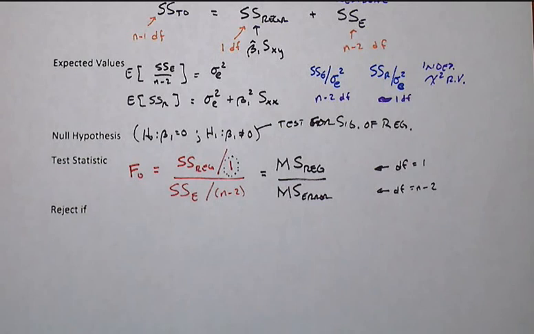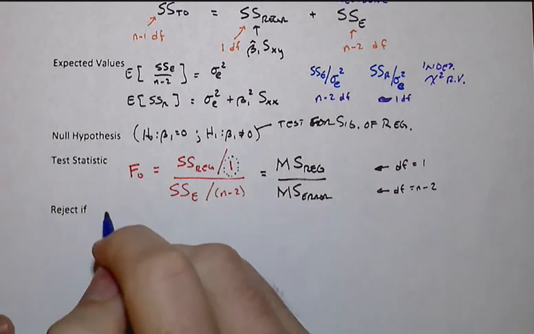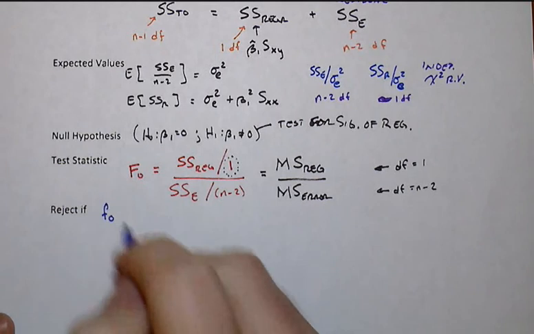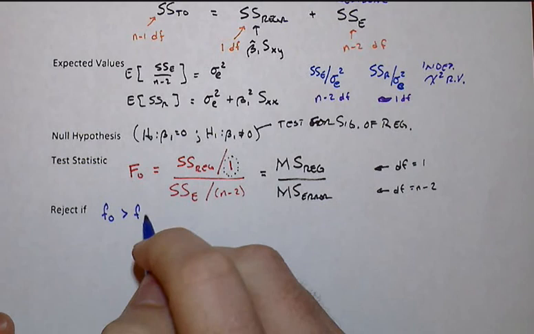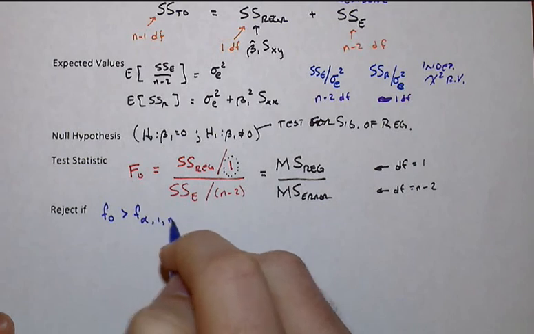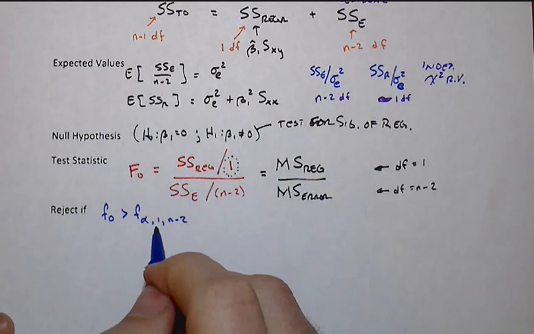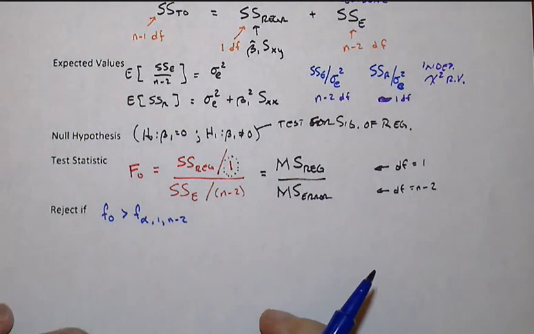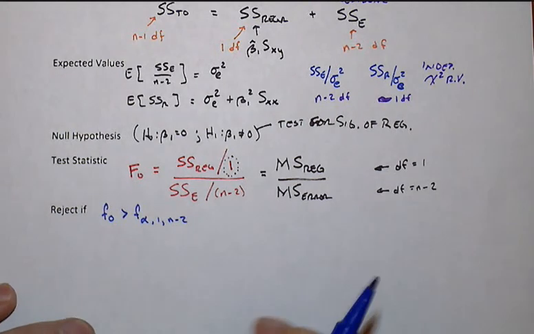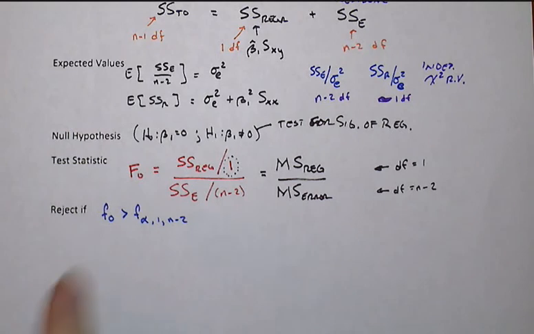Our rejection rule, or operating rule here, is that if our calculated statistic is greater than our value, in this case it's the F value associated with this alpha, and 1 degree of freedom in the numerator, n minus 2 in the denominator, and so we'll reject if that's the case.